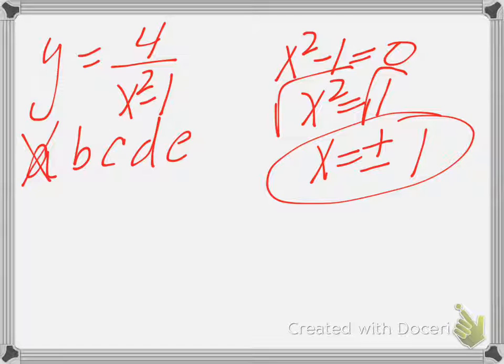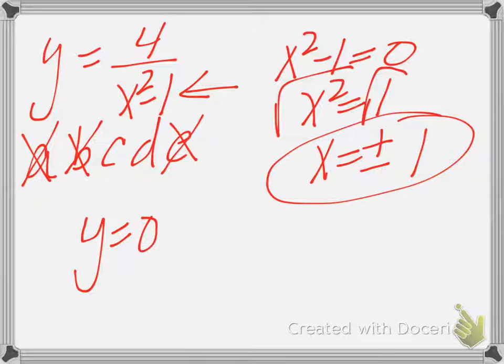So I could immediately eliminate A, I could eliminate B, and I could eliminate E. Okay, now for the horizontal asymptote, the highest degree is in the denominator.